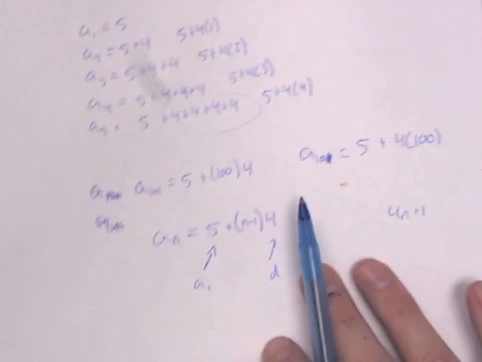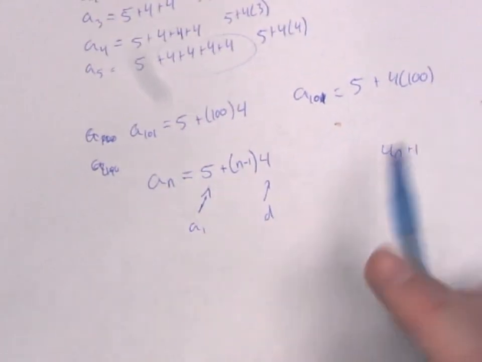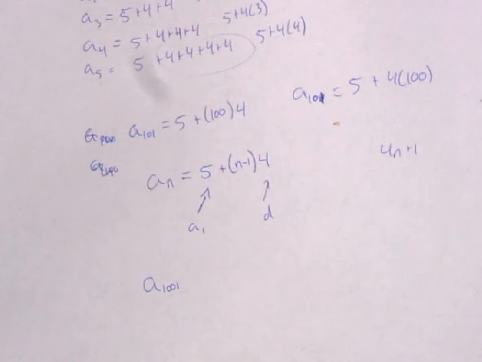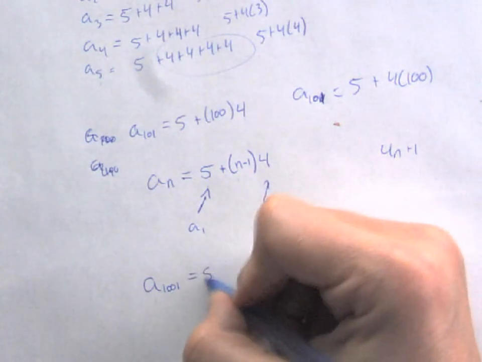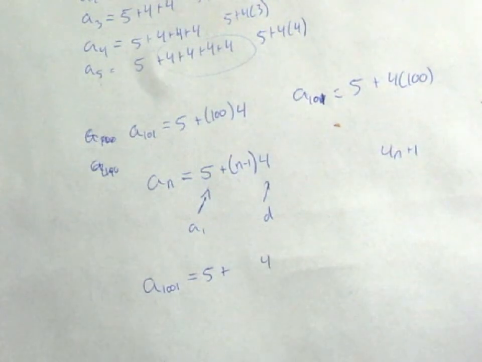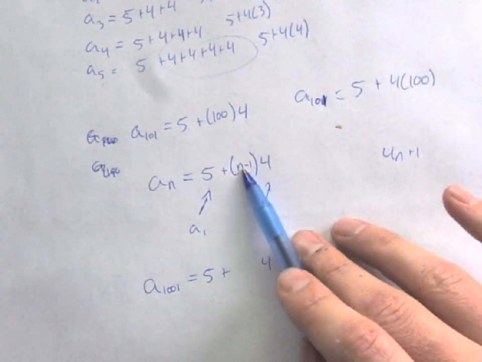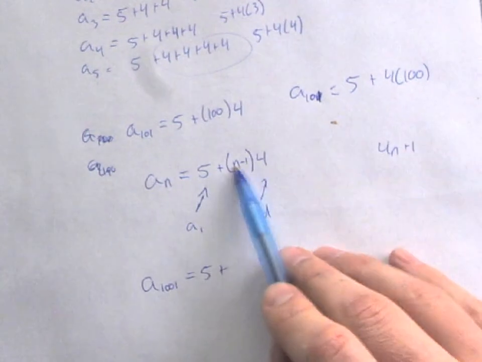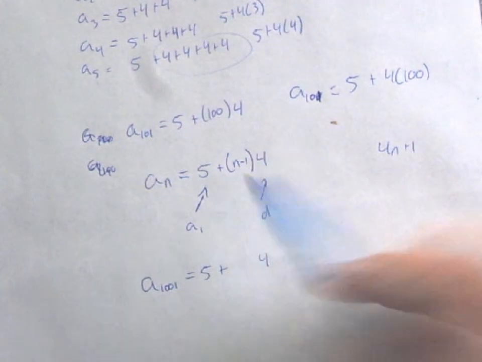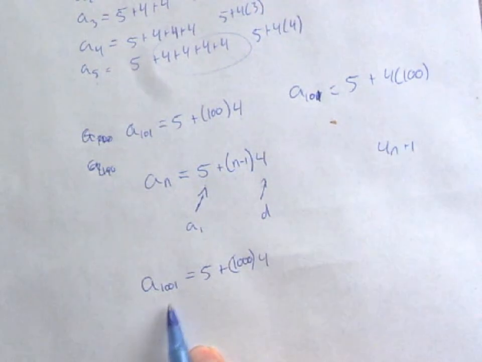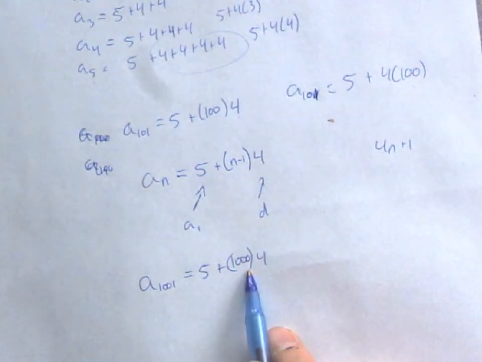Okay? So let's try this. What if we wanted to find A of 1001? The 1001st term. Well, I start with 5, and I add a bunch of 4s. How many 4s should I add? 1,001 minus 1, which would be 1,000. At position 1,001, I've only added 4 1,000 times.